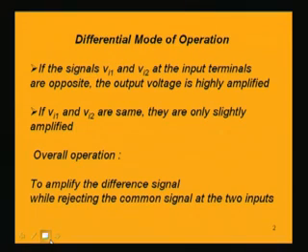the output voltage from the op amp will be highly amplified if these Vi1 and Vi2 are opposite, and if they are same, then it will be only slightly amplified, and ideally we are supposed to get 0 when they are equal or same voltages at the two terminals. So, the overall operation of an op amp is to reject the common signal and amplify the different signal.